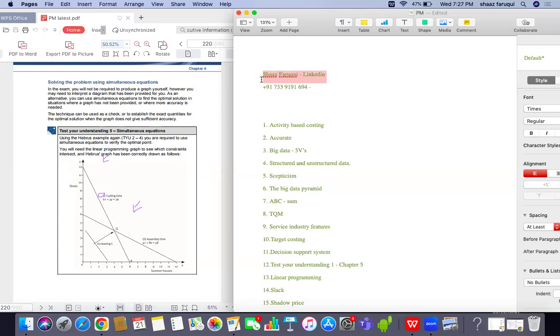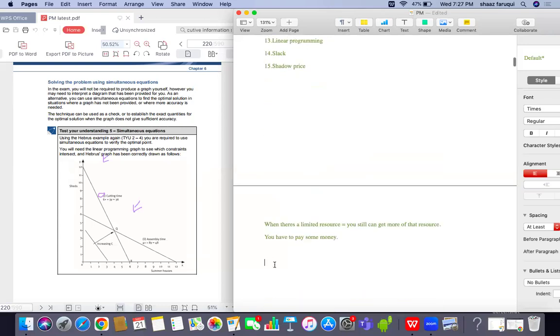All you have to do is pay some more money. So shadow price is the maximum amount you are ready to pay to get one, I put it in caps, one extra unit of the limited resource.